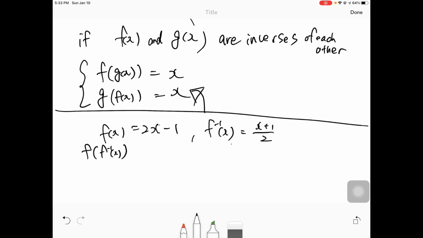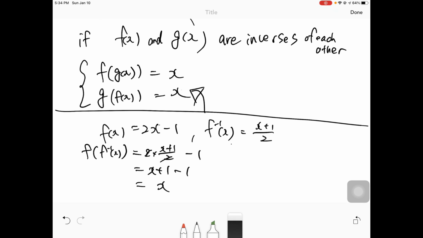Do you remember how to calculate it? So you plug in x plus 1 over 2 into x here. So 2 times x plus 1 over 2, minus 1. Then you calculate it: x plus 1 minus 1, which is x.